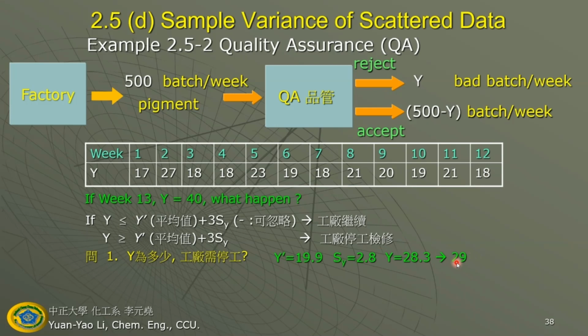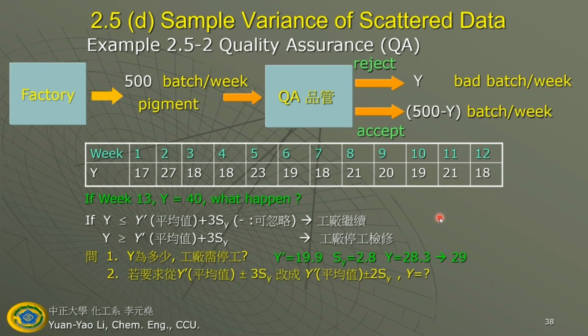So as an engineer, you tell the technician, well, once the number comes out as 29, you shut down. Then you shut down the factory and start to check what's going on. So of course, Y at the 13th week is 40, which is more than 29, right? So the factory needs to shut down.